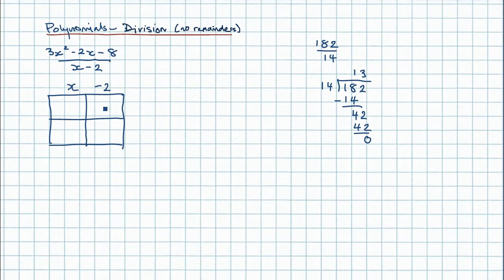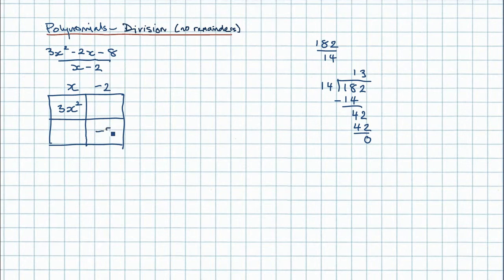We do know, though, that whatever this x term here is multiplied by this x term, it will give us the answer 3x squared. And we know that this final term, minus 8 here, times whatever this term here is, times minus 2 will give us this answer, minus 8.